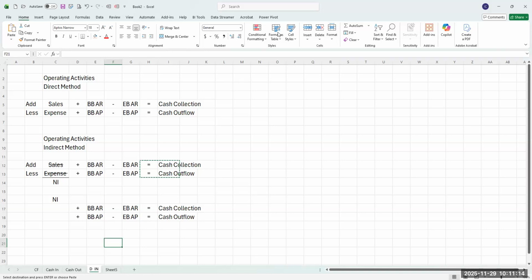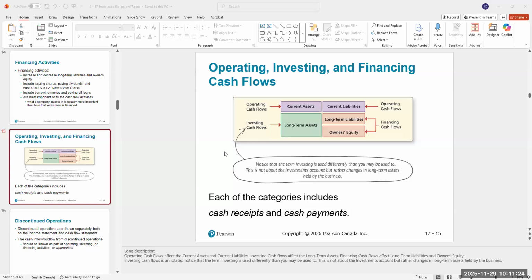Okay, so let's go back to slides, cover a few slides, and see how the slides are going. Again, let's go to the point where we left the slides, which is that operating activities are related to current assets and current liabilities.